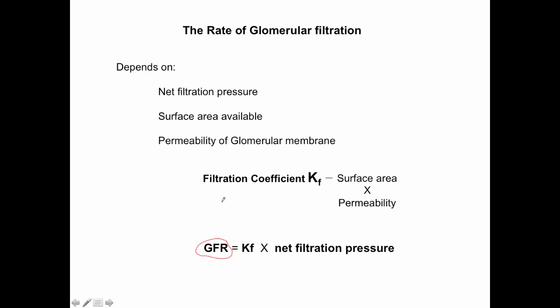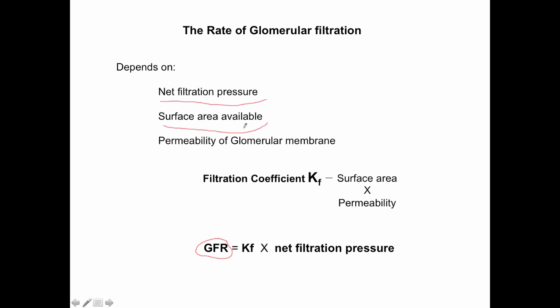So glomerular filtration rate, which is simply the volume of fluid filtered at the glomerulus per minute, highly depends on the net filtration pressure, which we already said is very dependent on capillary blood pressure. It's also dependent on the surface area available for filtration, right?